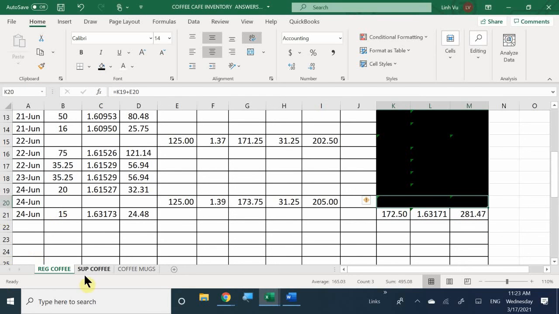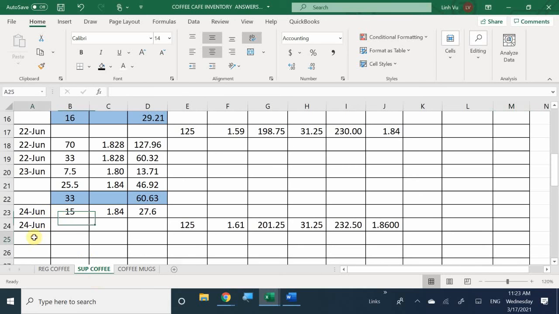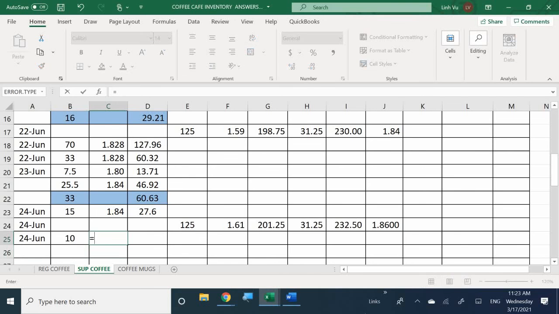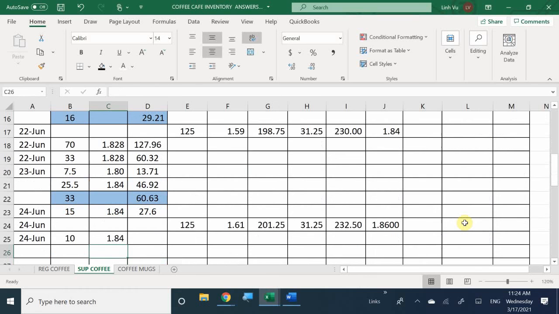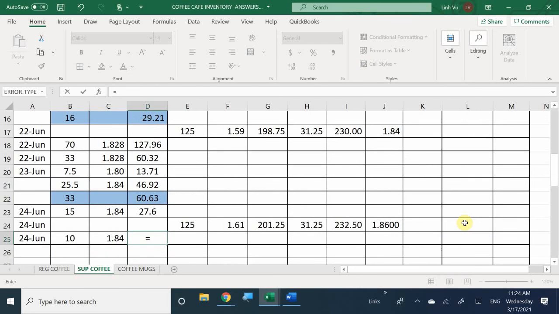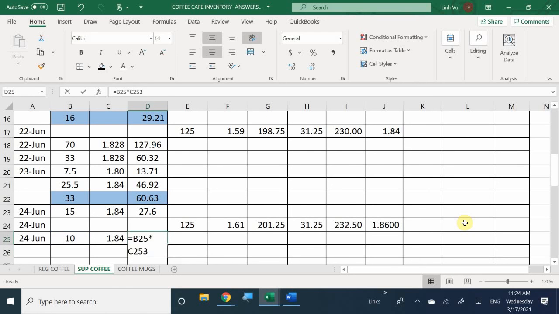Okay. Same thing with my Supreme coffee. How many pounds did I sell? We sold 10, at what cost per item? 1.84. Pretty straightforward. Therefore, it should be 18.40. Oops, fat fingered that one, so we have to redo that one. 18.40. So let's update our inventory once again.